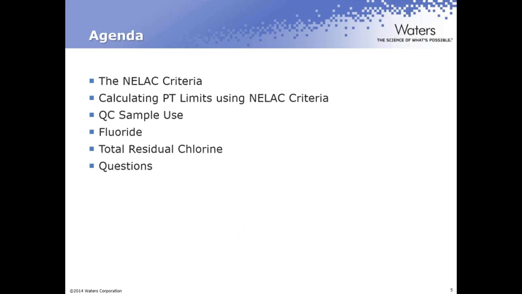We'll talk specifically about fluoride. We're going to talk both about the ion selective electrode and also the ion chromatography method. We'll talk about total residual chlorine. We're going to discuss the Hach DPD methods and also amperometric titration. And if time permits, at the end, we'll have some questions. If we don't have time to answer questions, you're more than welcome to type them in. We'll get them answered and we'll post them on our website for you to see.